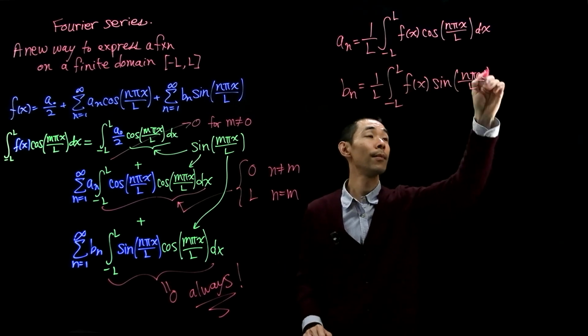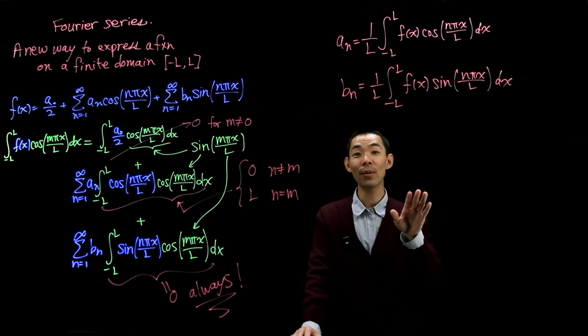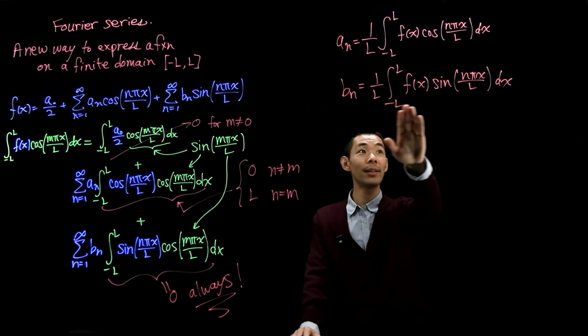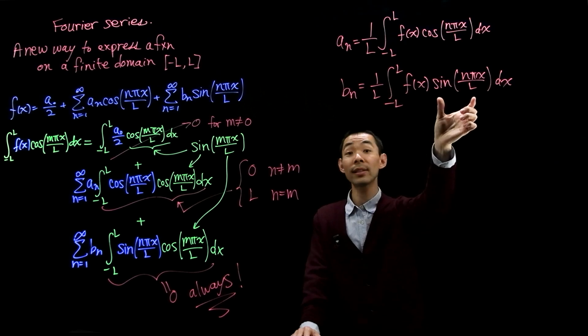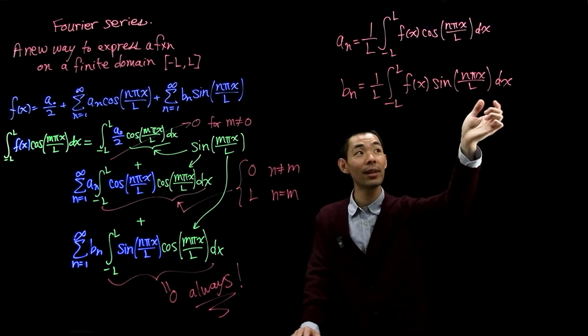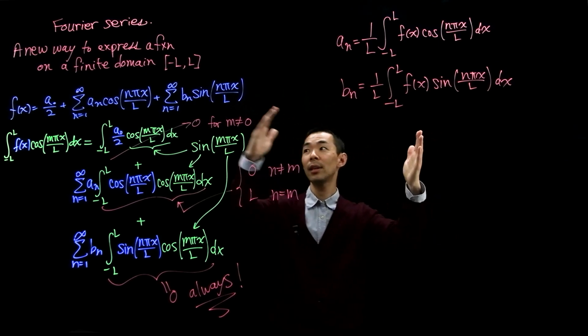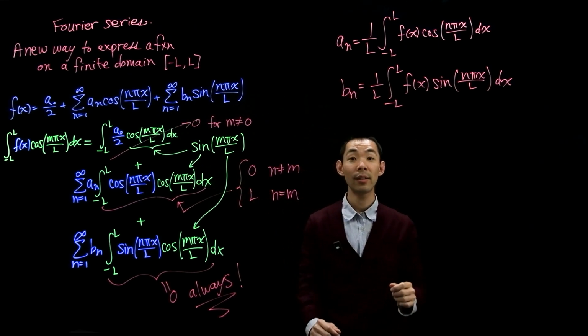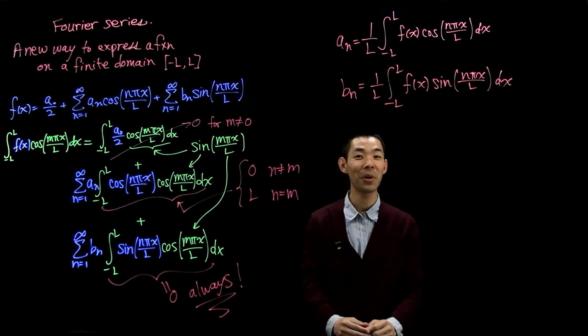Therefore, you can uniquely obtain the coefficients or the weights of your sine terms by this expression right here. You have your left-hand side f of x multiplied this time by a sine function integrated from negative L to L. And this is how you obtain the Fourier series of a function f of x in one dimension.